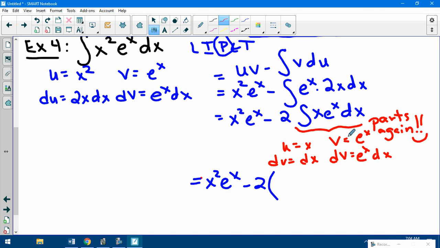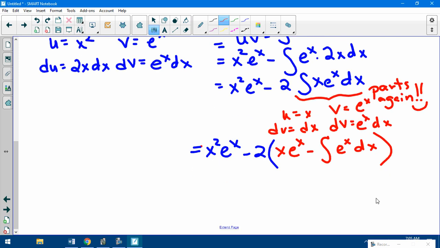So uv, x times e to the x, minus the integral of v, e to the x, du, which is just dx now. Okay, getting close. This is x squared e to the x minus 2 times x e to the x minus, this is an easy integral, I don't need parts anymore. What's the integral of e to the x? e to the x plus C.